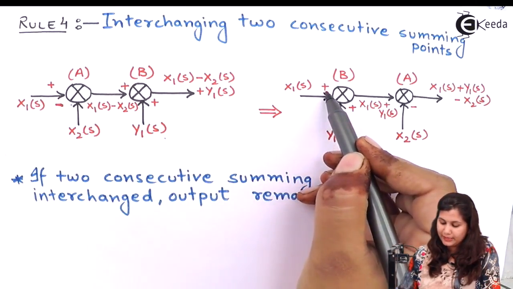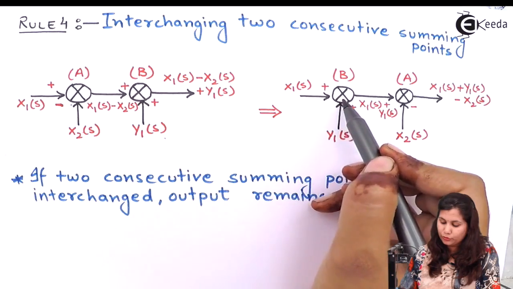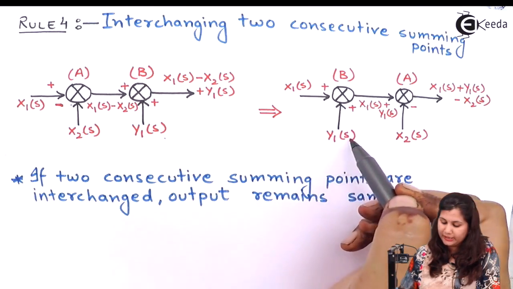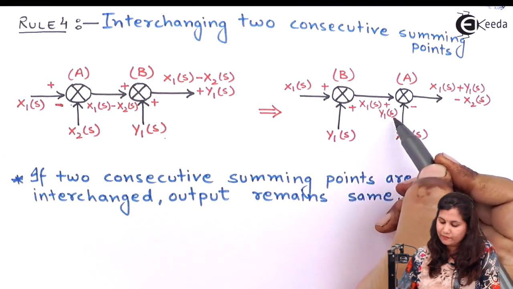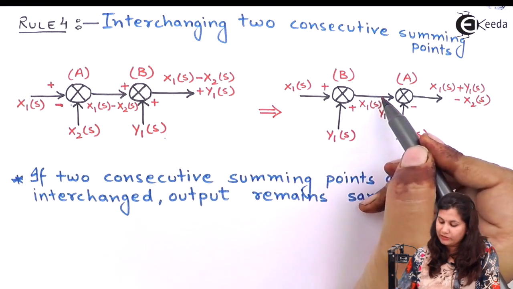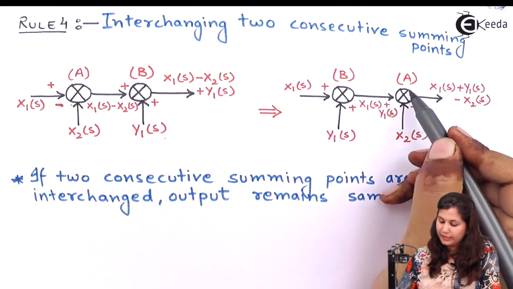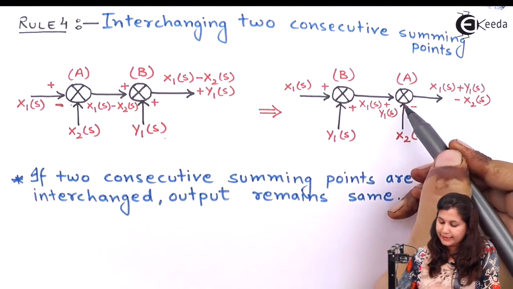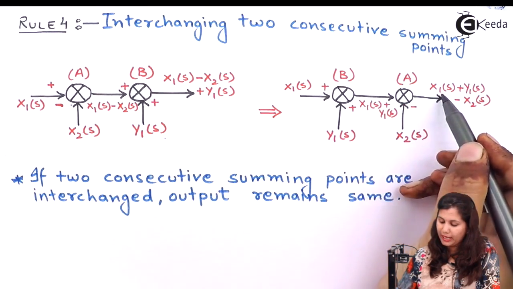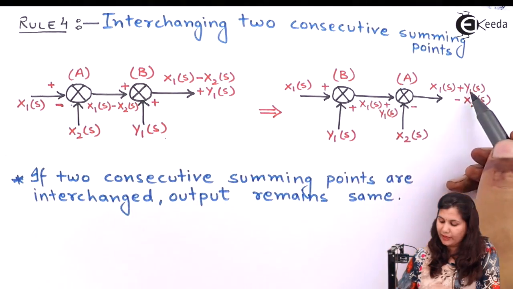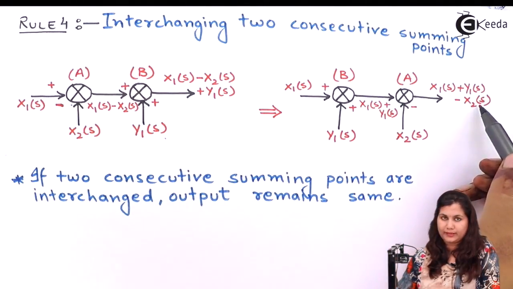This has a plus sign, and the input to this B summing point is Y1(s). So the output will be X1(s) plus Y1(s). Now this is given as an input to the A summing point. The second input is minus X2. So we will get the output as X1(s) plus Y1(s) minus X2(s).